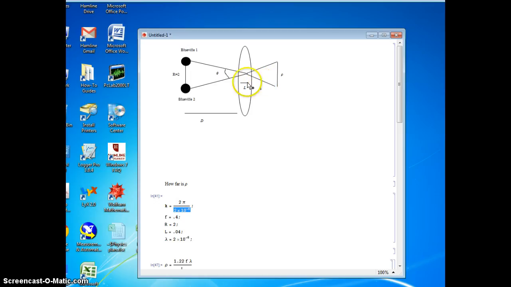What that's going to tell us is that we need the angle of separation to be about 1.22 pi to be visible. That's apparently the minimum angle.